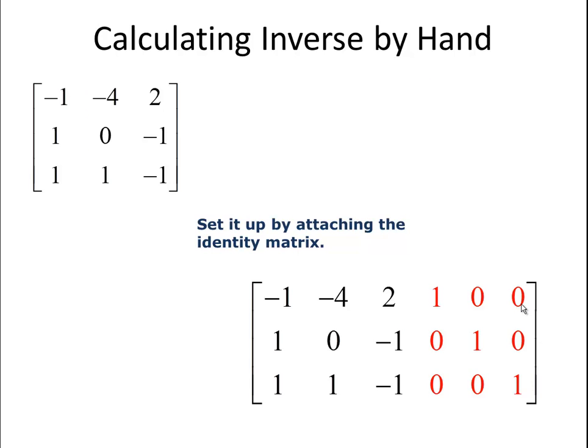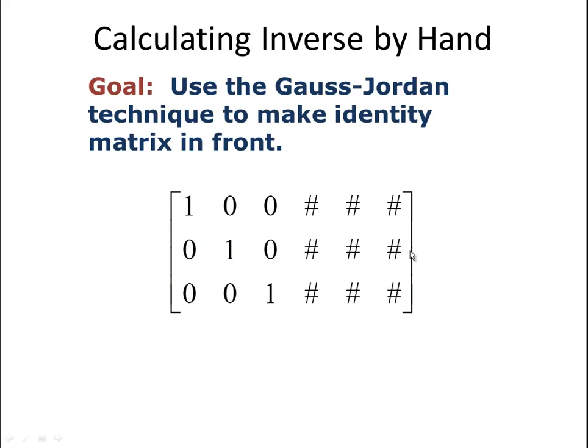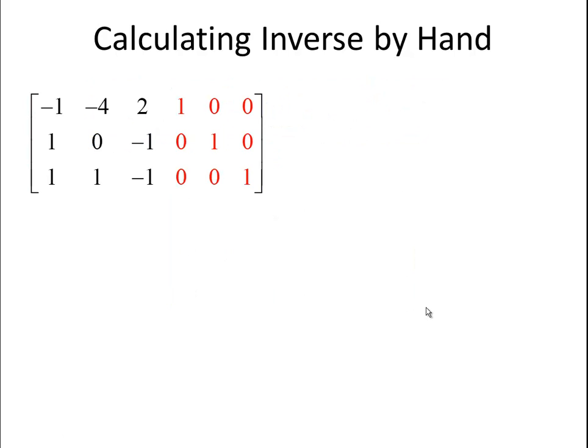Okay, so that's what we first do. Then remember all those Gauss-Jordan techniques that we use? We're going to do that, and our ultimate goal is to create the identity matrix in the front for the first half of this thing, and then the numbers left over will end up being the inverse.